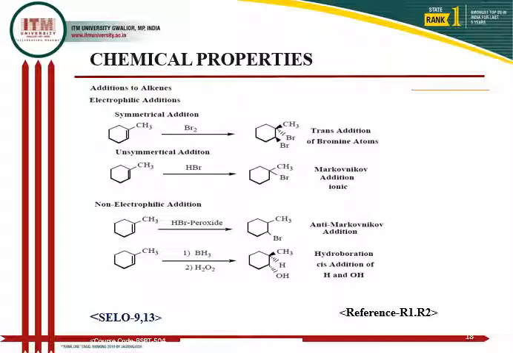So here is the bromination of the symmetrical alkenes. For unsymmetrical alkenes, according to the Markovnikov rule, addition of hydrogen bromide takes place, and there are also some non-electrophilic addition reactions, which are the opposite of Markovnikov, that is, anti-Markovnikov additions, shown by the alkenes.